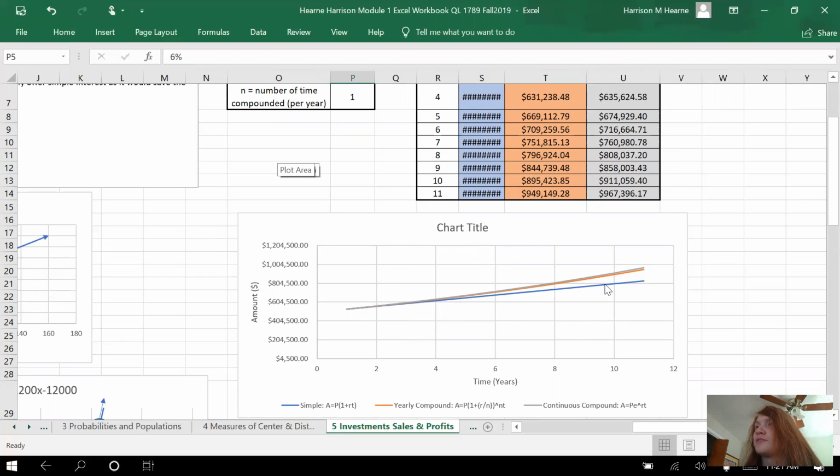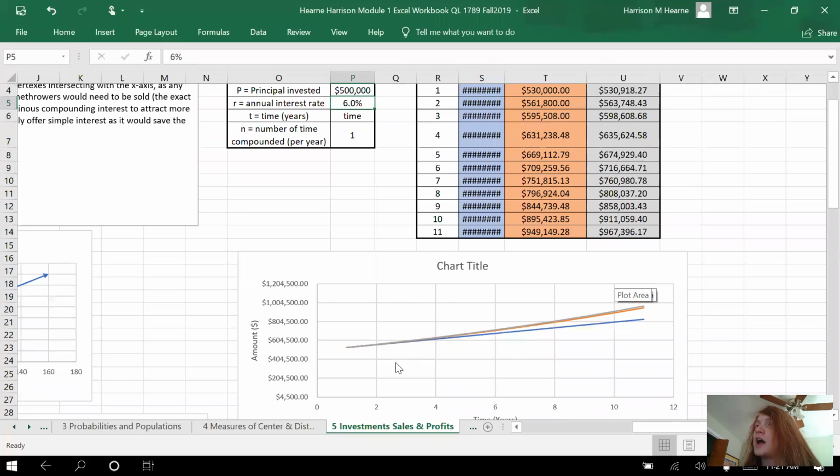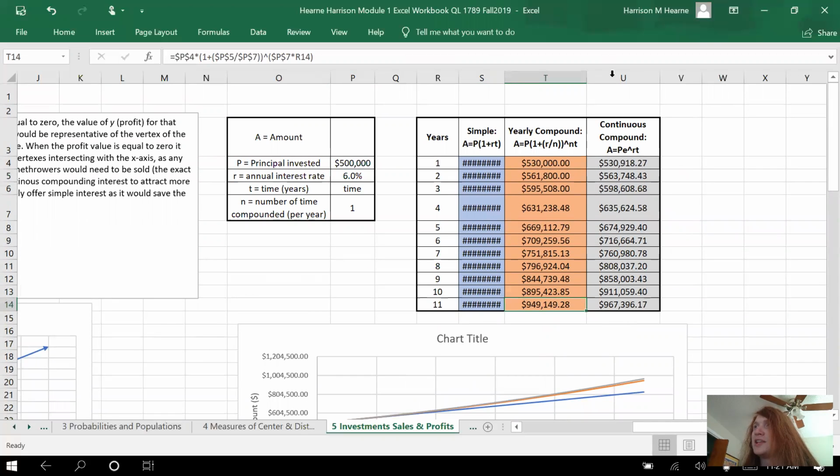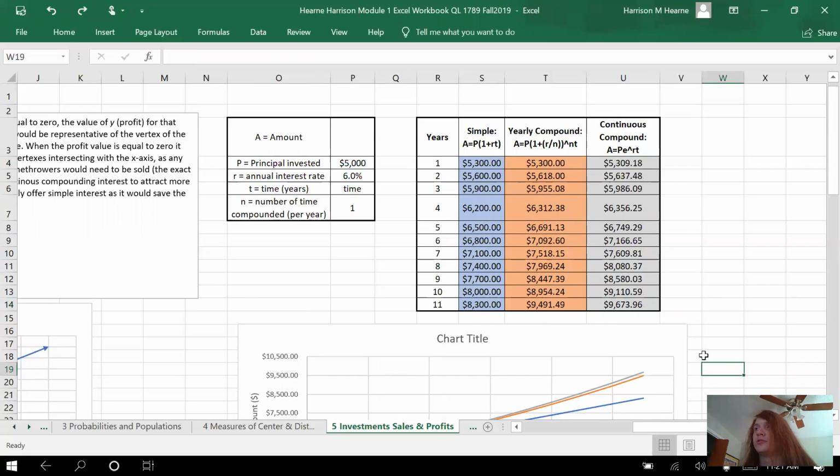This linear one will have the same slope because nothing about this changed. It's just bigger numbers. These guys will actually have about the same rate of change, but you can see the difference between them has gotten bigger, but it's not much bigger. So the continuously compounding interest is better than the interest that compounds yearly, but there's not a ton of difference between the two. So let me change everything back to our nice smaller numbers.